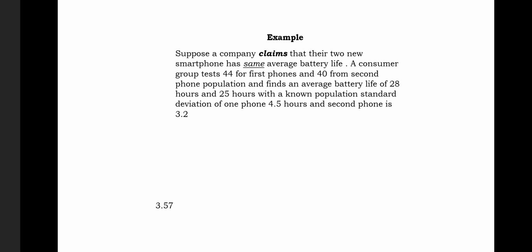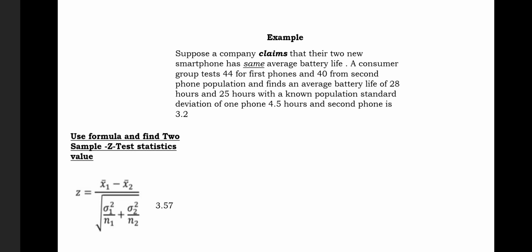Now, if we continue with the question, we see that it's a two sample Z test, and we use the formula and find the two sample Z test statistic value. It is our next step, okay? And what we will do is put in the formula.